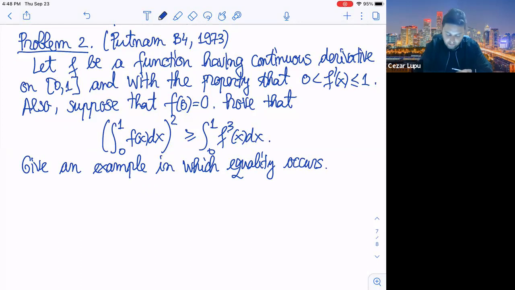So this was a Putnam before 1973. As you can see here, we have a function with a continuous derivative. In other words, we have a C1 function. But we have this condition here.